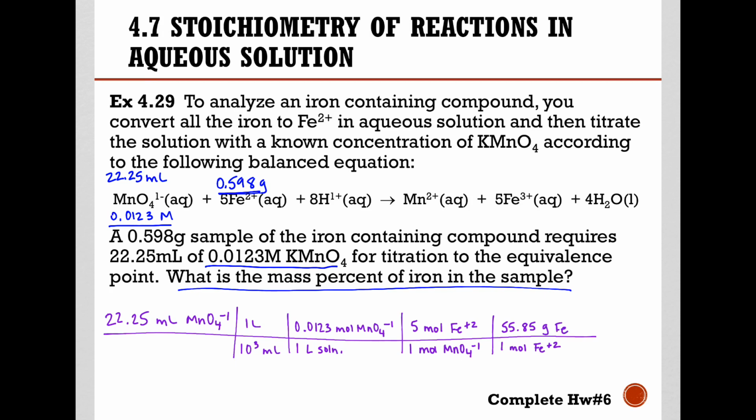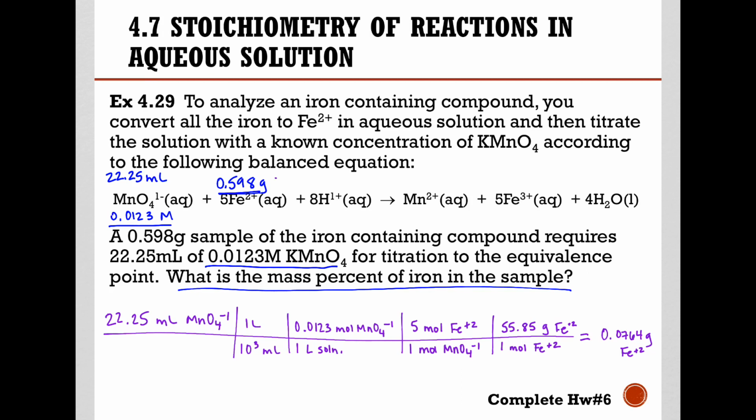So, if we do our math here, based on our significant figures, this value here had 4 significant figures and our molarity had 3, so 3 would be the limiting number. So to 3 significant figures, we would get 0.0764 grams of iron. Okay, so in other words, that's how many grams of iron ion we would have in our compound.